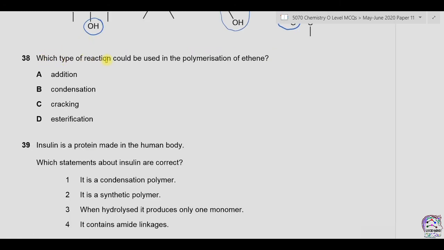Question 38. Which type of reaction could be used in the polymerization of ethene? Now this is one molecule of ethene. We have 2 carbon atoms and 4 hydrogen atoms. Monomers like this can repeat themselves over and over in addition polymerization to form a polymer.